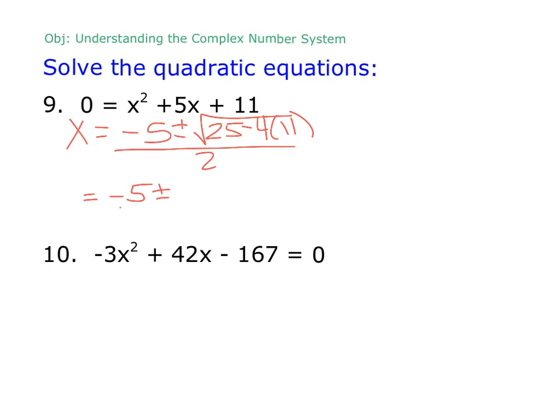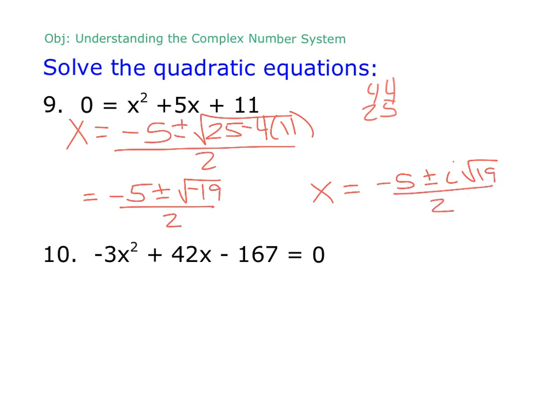Negative 5 plus or minus, let's see, that's 25 minus 44, negative 19. So for that one, all I'm going to do is replace the negative with the i. So x equals negative 5 plus or minus i root 19, all over 2. And that's my answer. I'm not going to do anything else there.